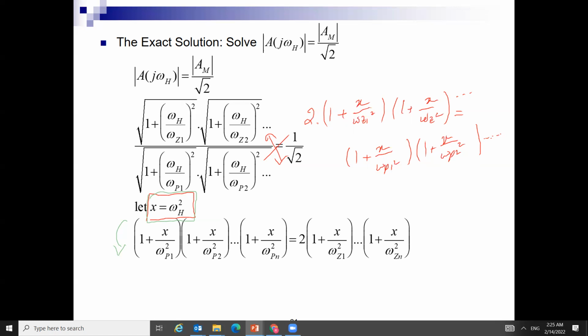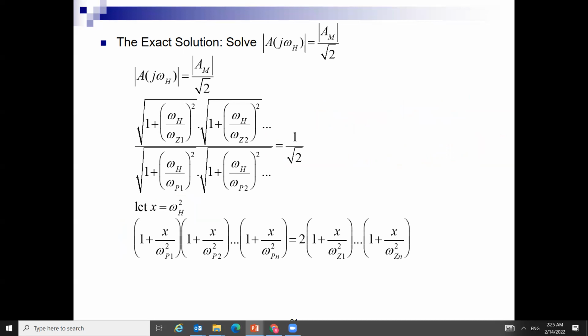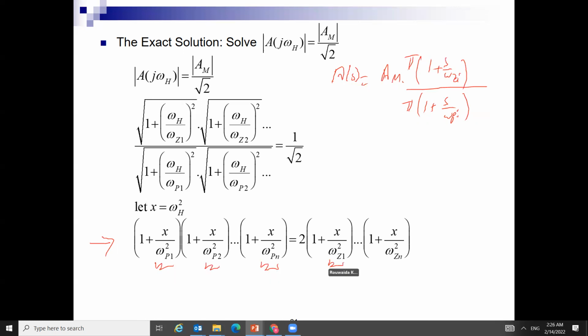Now for your sake, if you have the A of s already in reduced form, which is A_M times 1 plus s over omega zi, over the product of 1 plus s over omega pi, then you can automatically use this equation, with the omega pi's and the omega zi's, and solve for x.